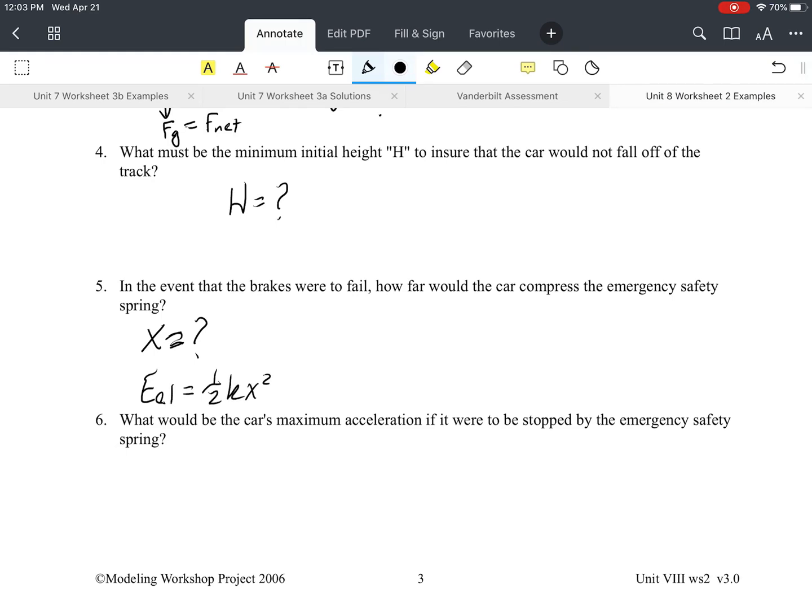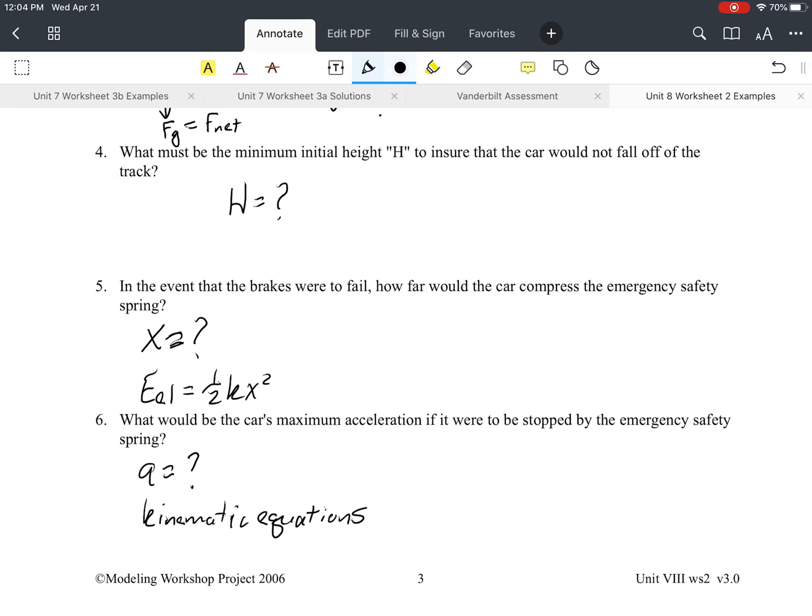And then last is acceleration, and so you're trying to find acceleration, and this is where you can use one of your kinematic equations. So way back in Unit 3, when we learned about acceleration, you can use your kinematic equations. So it's going to be one of those 4, and I'll let you try to figure that out.